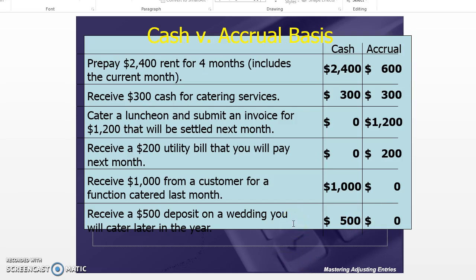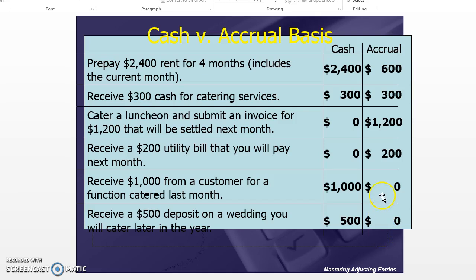How about if you receive a $500 deposit and you haven't done the catering yet? Well, under the cash basis, we only care that cash came in. So again, we're going to pick up $500 in revenue. But under the accrual basis of accounting, we're not providing this service till later in the year. So once we provide that service, we will then pick up the $500 in revenue.